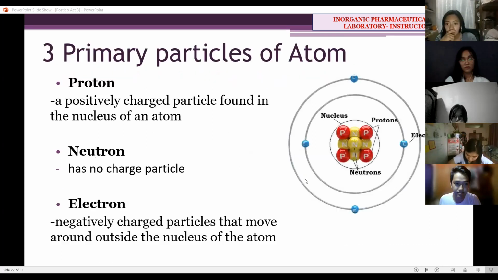Now, what are the subatomic particles? You know this very well: protons, neutrons, and electrons. P for proton gives you a hint that it's the positively charged subatomic particle. Neutron has no charge and electron is negatively charged.